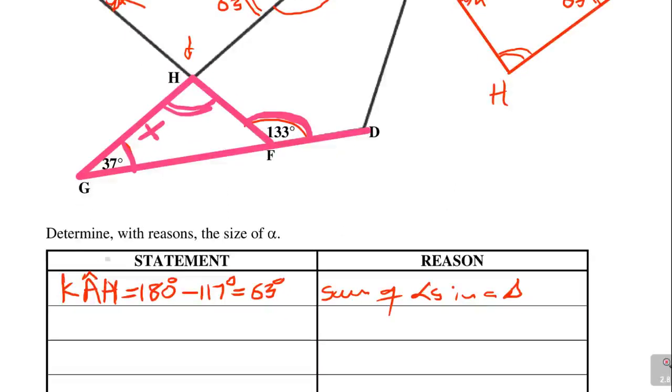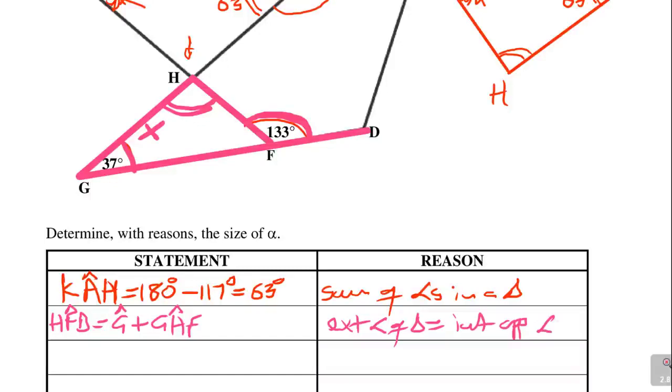I can use that statement, and I'll write it to say the angle HFD is equal to angle G, which is on its own there, plus angle GHF. Then the reason: exterior angle of a triangle equals the sum of interior opposite angles.